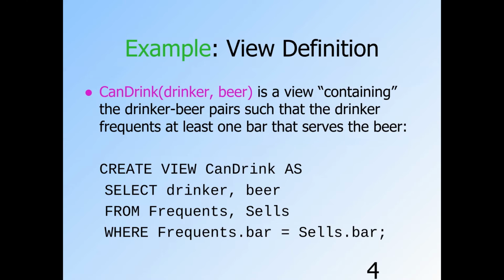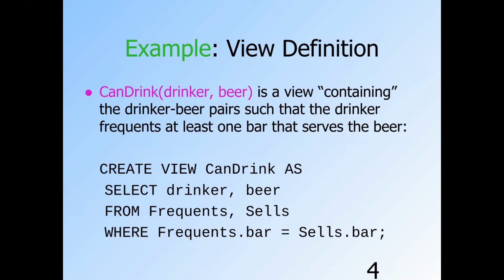Now, in certain cases, you can reflect the view back into the base tables. So let's say I have an employee with a personnel number, a name, a department, and also a salary.